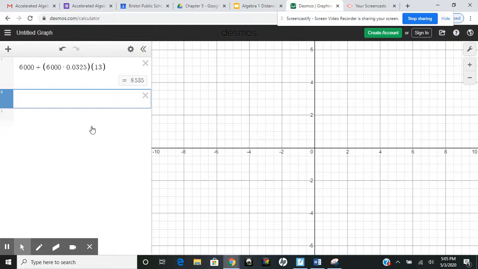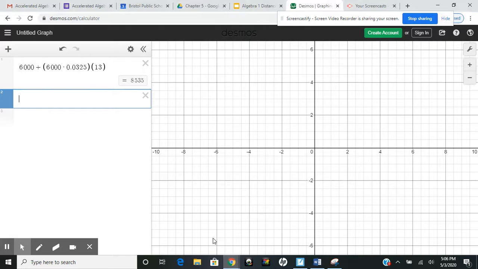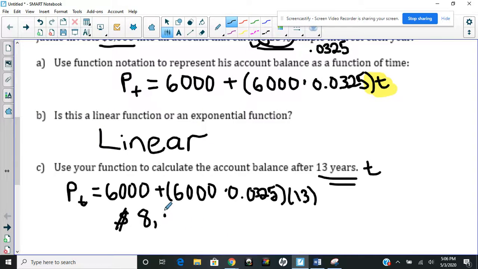And just press enter, and my answer is right here, $8,535. So I'm going to go back here, and I'm going to say it is $8,535.